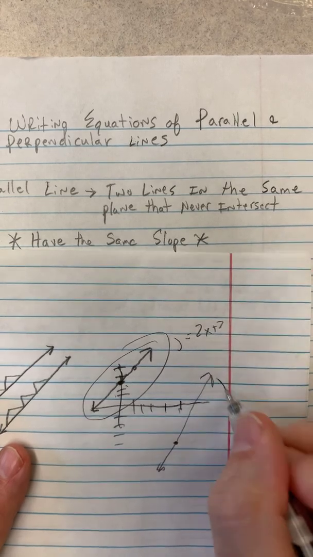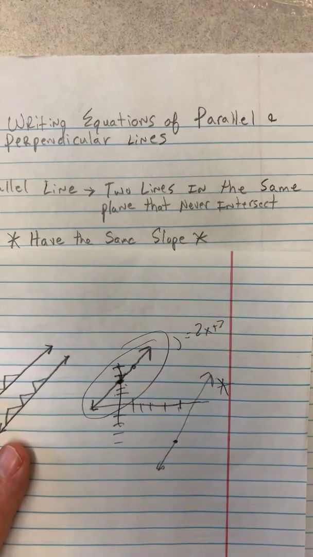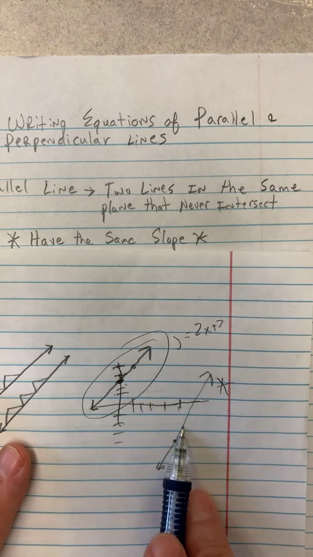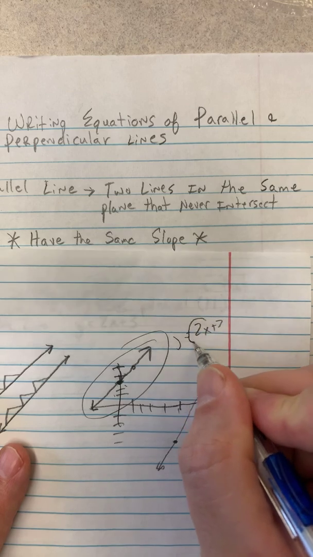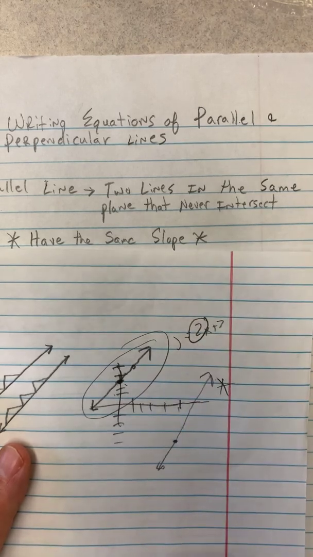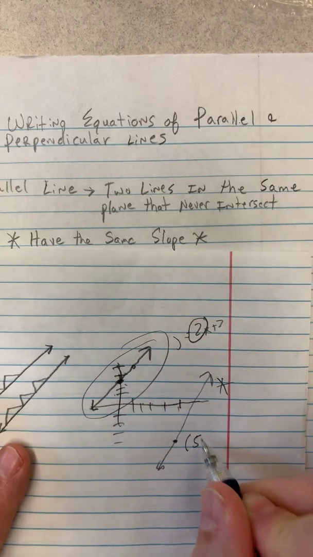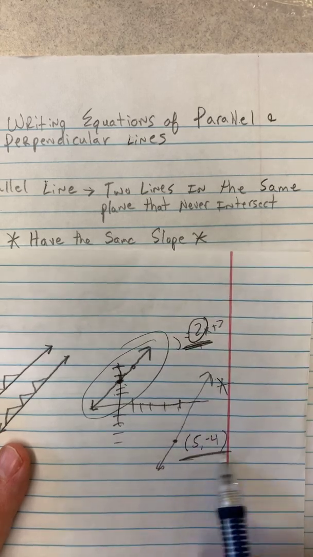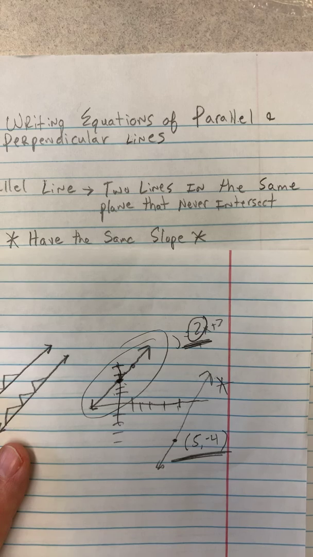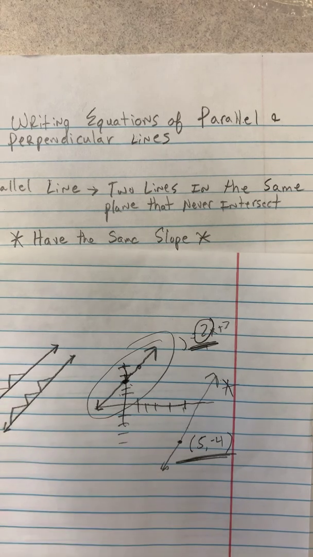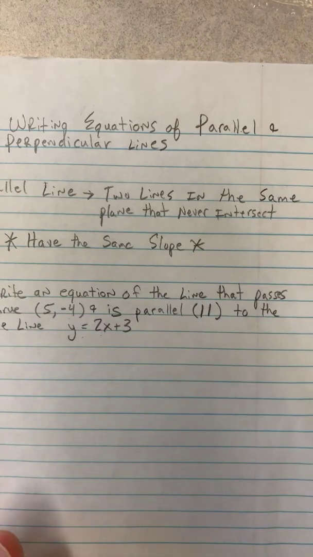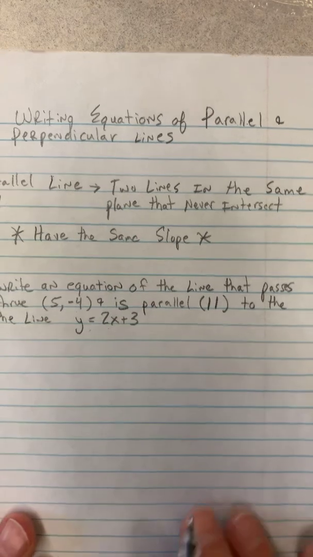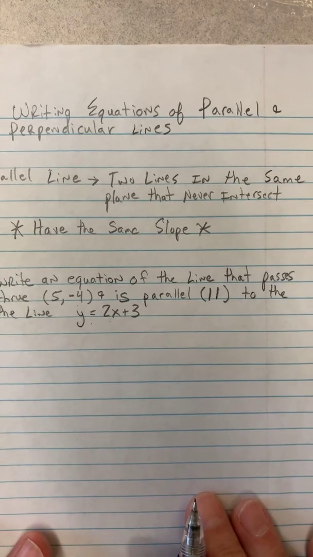This is what we're being asked to write the equation of. And I know that if the two lines are parallel, they have the same slope. And I have a point that this goes through. And once I have slope and an ordered pair that it goes through, I can certainly solve this. And that's what we're going to do. Not solve it, write it. So here we go.